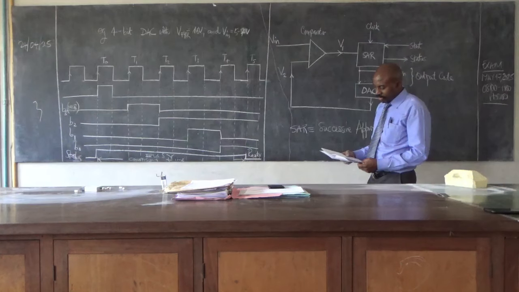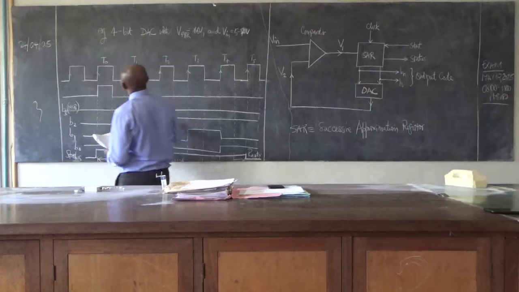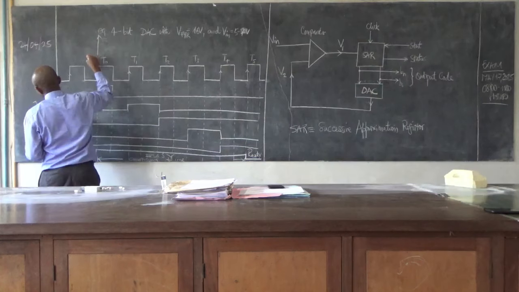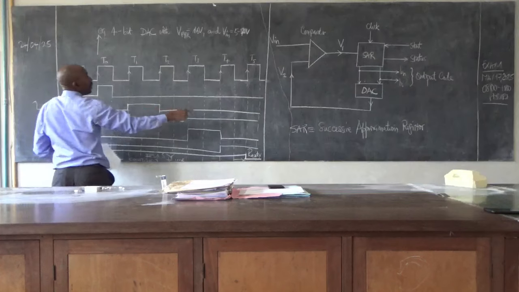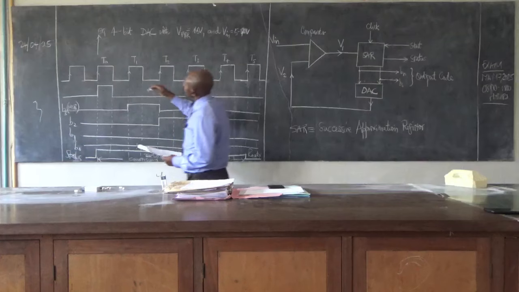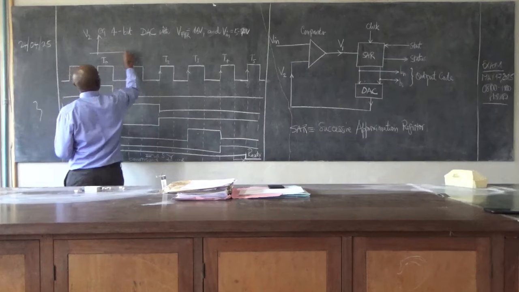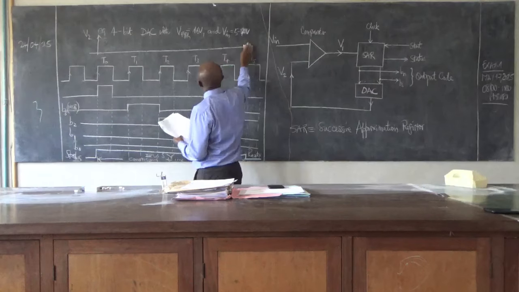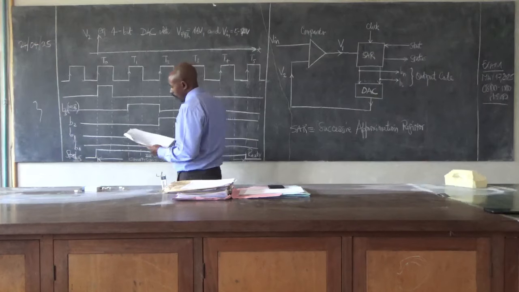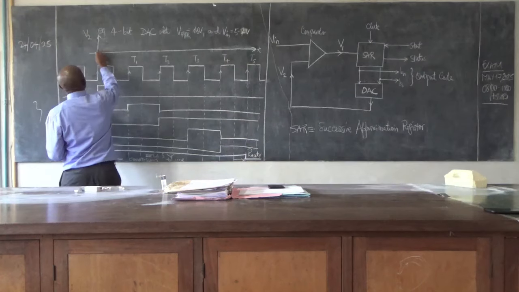And so you can have a reset. So what I wanted to draw here is the V2, which we have to compare with the V in. And then this will be the time axis. At the rise of T1, we have 0.